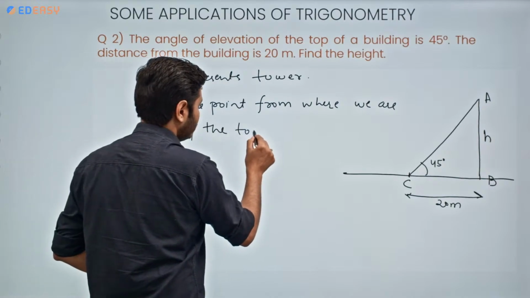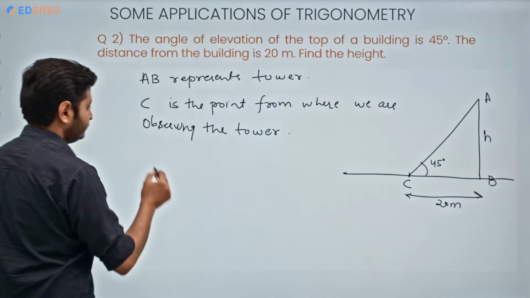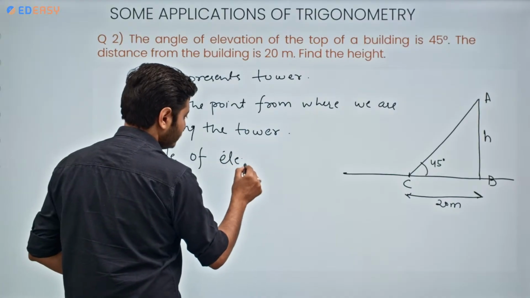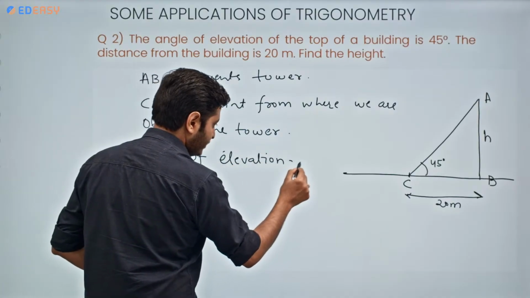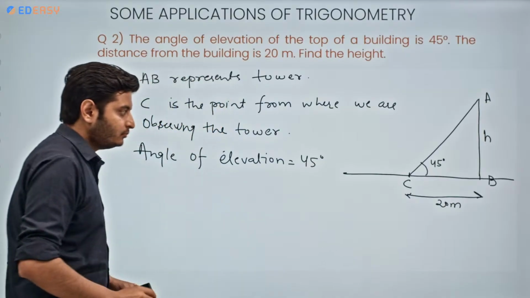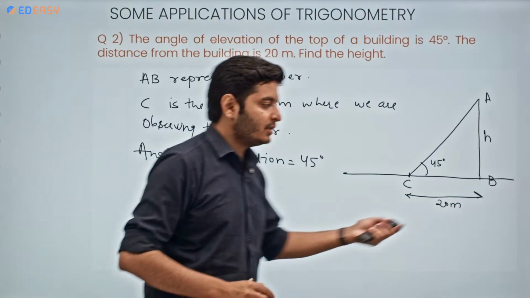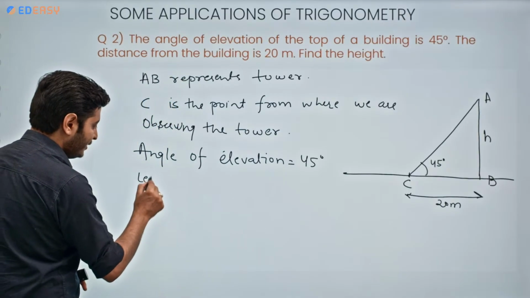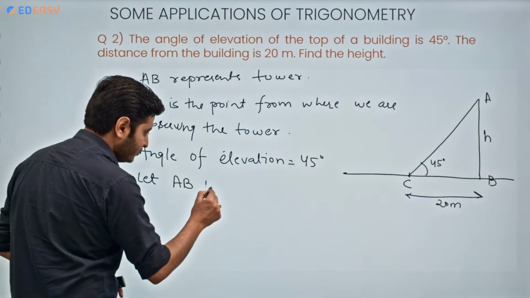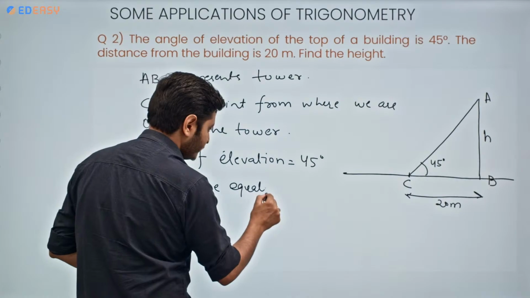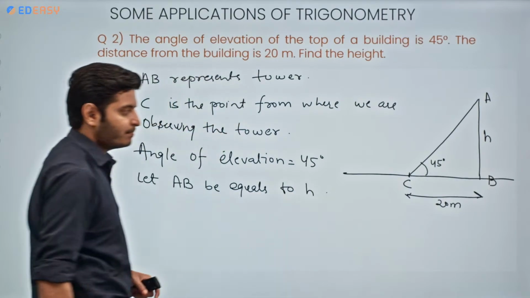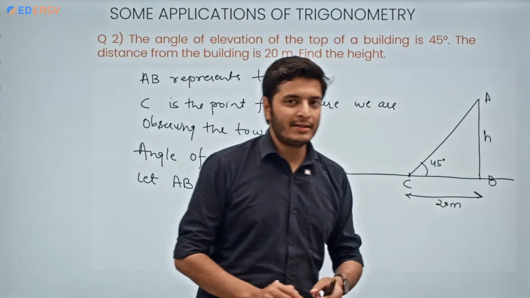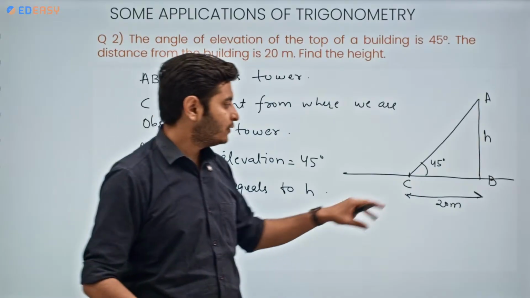Also, the given angle of elevation is 45 degrees, and the distance between B and C is 20 meter. Now, in the next line, you will write, let AB be equal to h. Again, one angle is given and the side adjacent to that angle, the value is given, 20 meters.